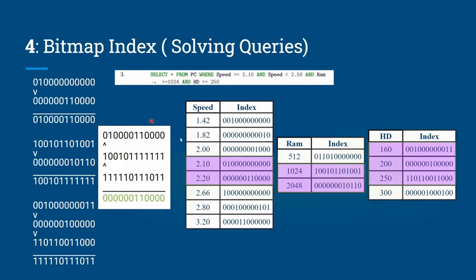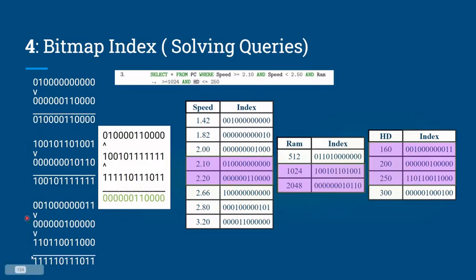Then for the RAM greater than or equal to 1024, so 1024 and whatever is greater than that, we OR those together as well. And then for HD less than or equal to 250, so 250 and whatever is less than that, we OR all of those together.